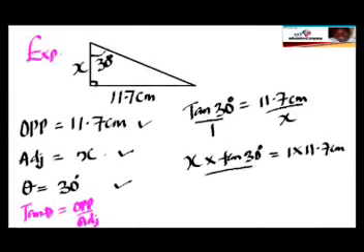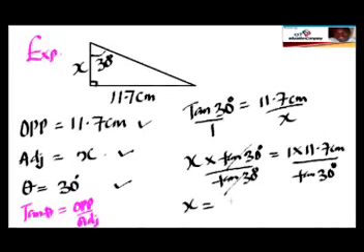If I divide both sides by tan 30 degrees, you find that this will cancel out this. So I have my x to be equal to 1 times 11.7 over tan 30 degrees.